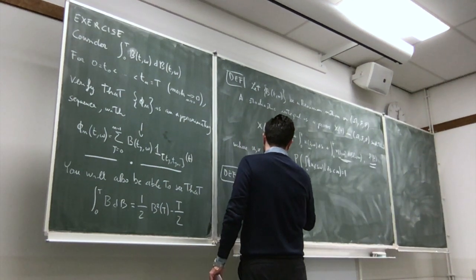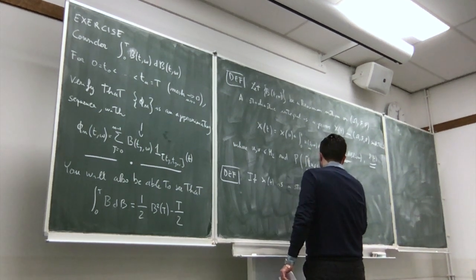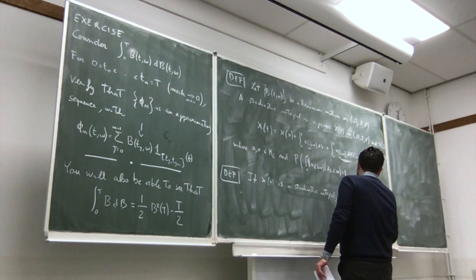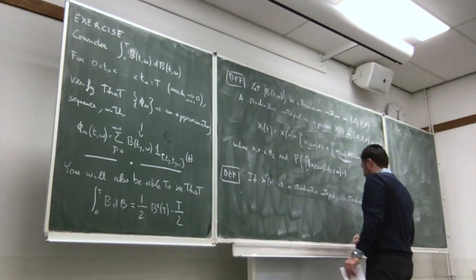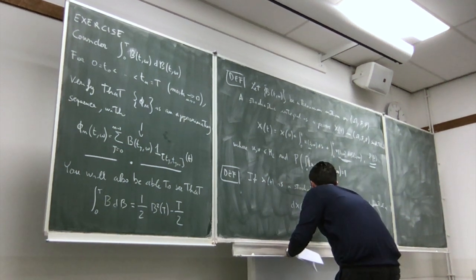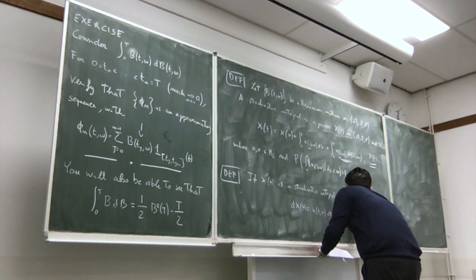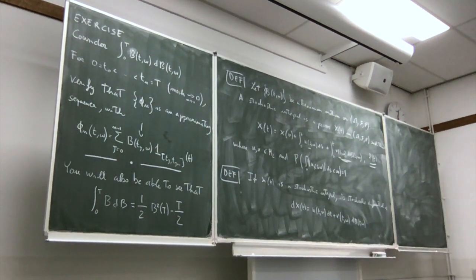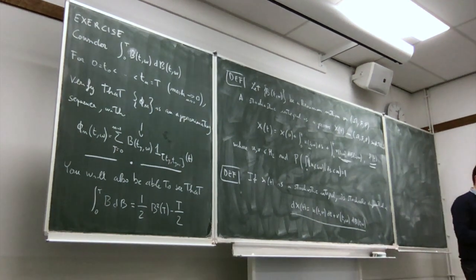If X_t is a stochastic integral, its stochastic differential is dX_t equal to u(t, omega) dt plus v(t, omega) dB_t. This would be our stochastic differential.